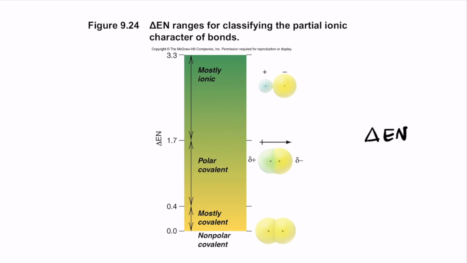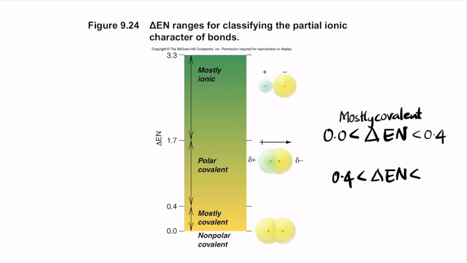Now, if the electronegativity difference is less than 0.4, it lies between 0.0 and 0.4, we consider that mostly covalent. Now, if this difference in electronegativity lies between 0.4 and 1.7, we consider this to be polar covalent.